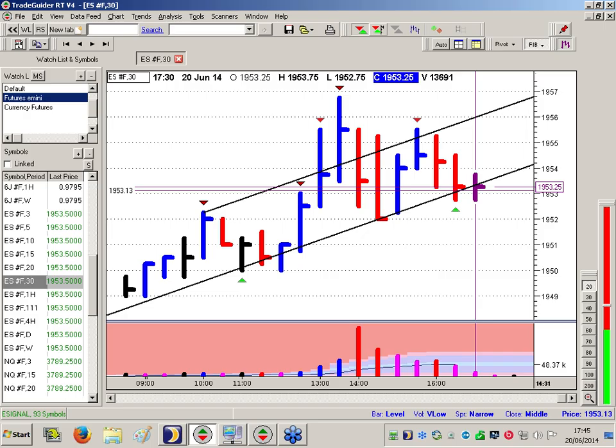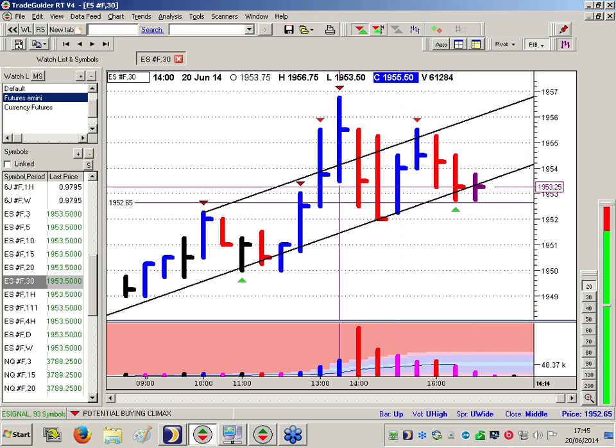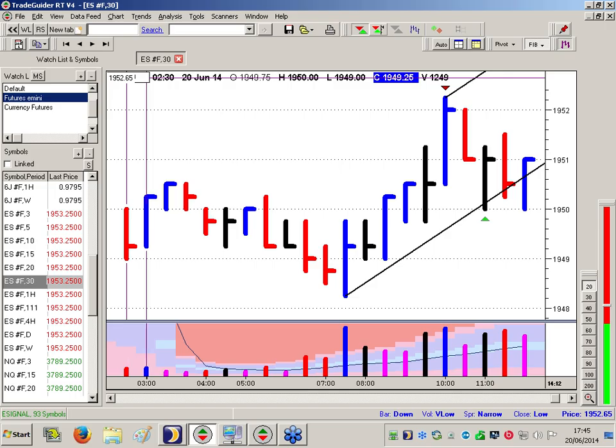Incidentally, what's very useful is what I call the simple trading system. And the simple trading system, how that works, is that if the market is bullish, and once it starts to become bullish, the bars become blue.